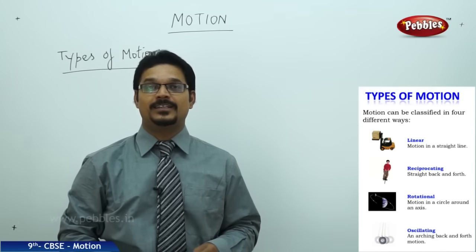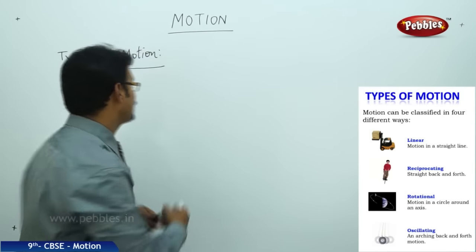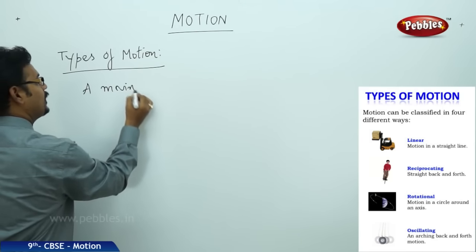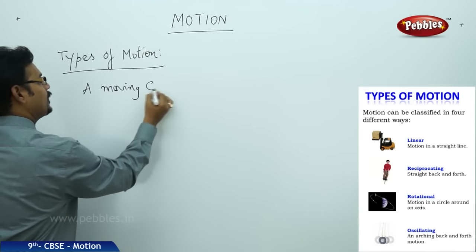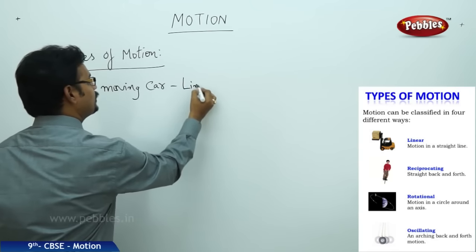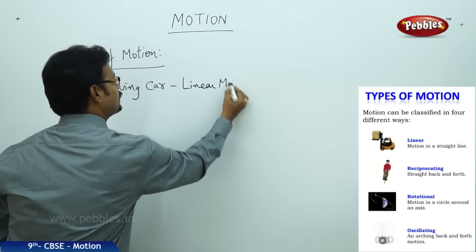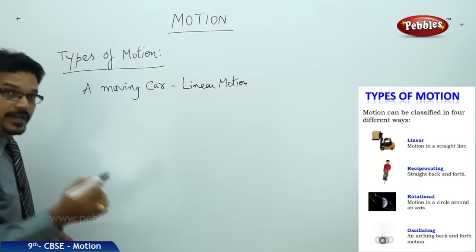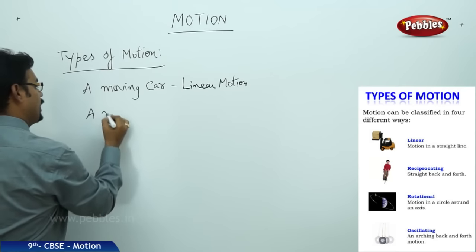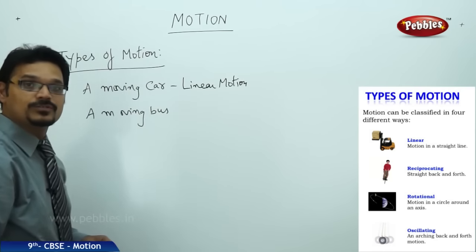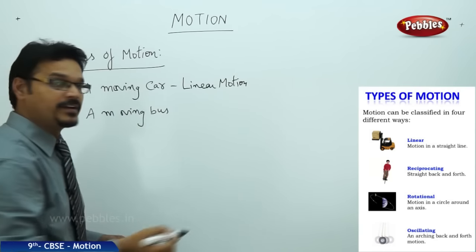Let me write the types of motion. A moving car, it is linear motion, and a moving bus on the road, what type of motion? Yes, you are correct.